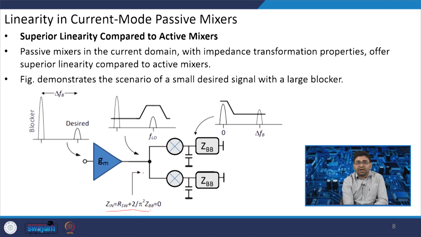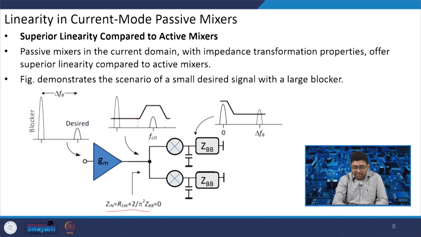This will filter out the frequency components other than the omega_LO frequency, and then we down-convert to baseband by using a TIA. So, in this current mode passive mixer, the design of the TIA is important. How well you design the TIA, the transimpedance amplifier, matters: you can design a TIA which has better rejection in the stop band and pass band.